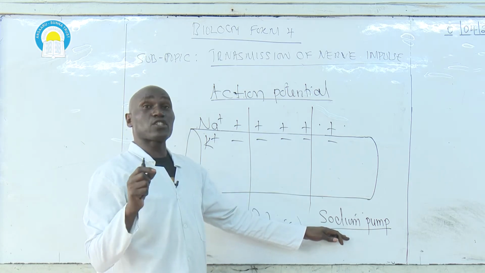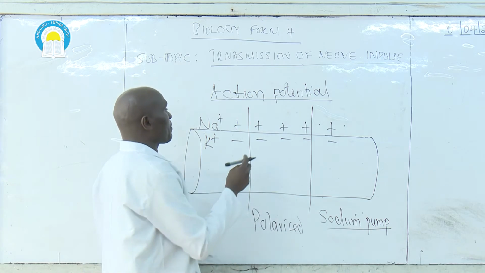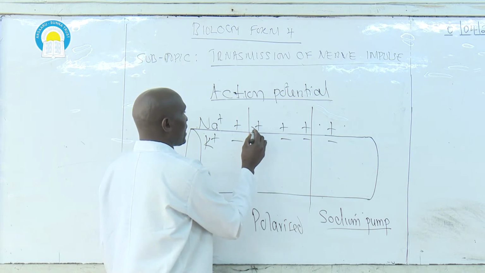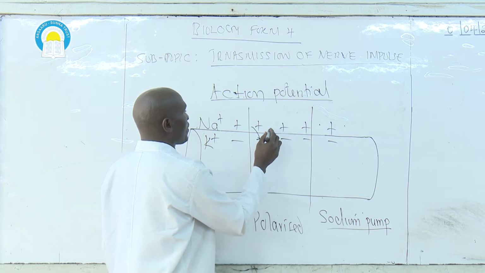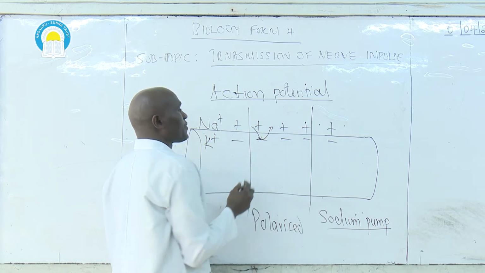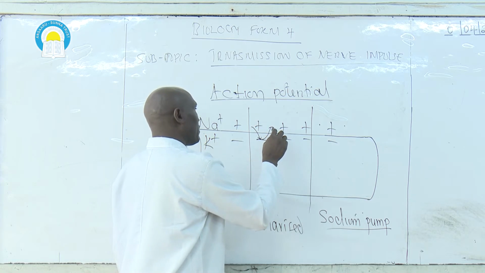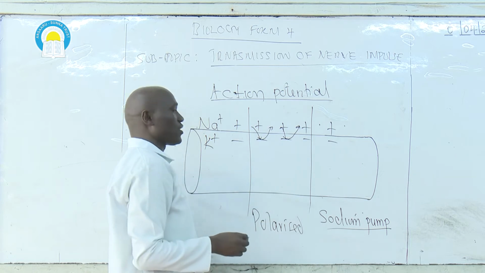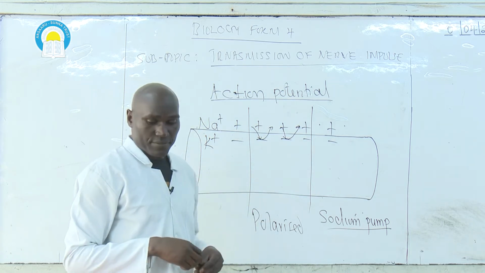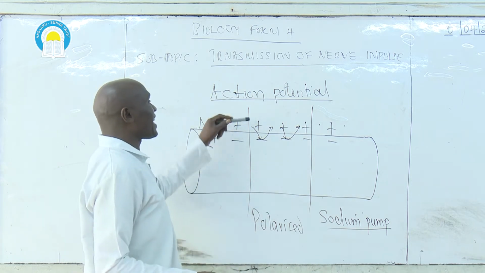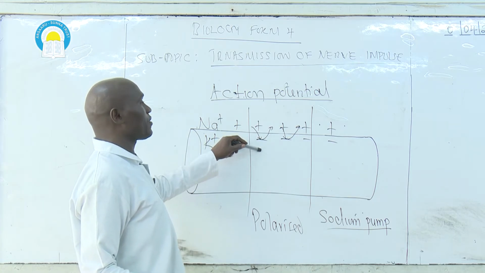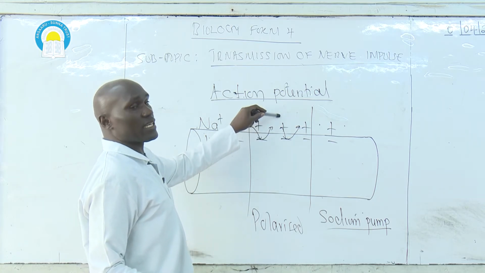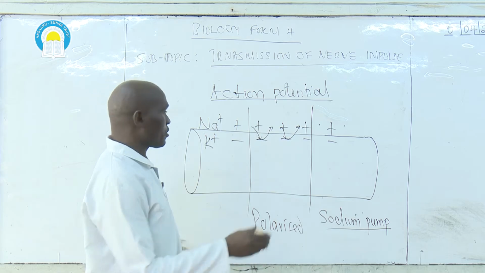When sodium pump stops to function, then what will happen is positively charged ions will move in, while the negatively charged ions will move out. So what will happen is we'll have an influx of sodium ions and negatively charged ions will move out.